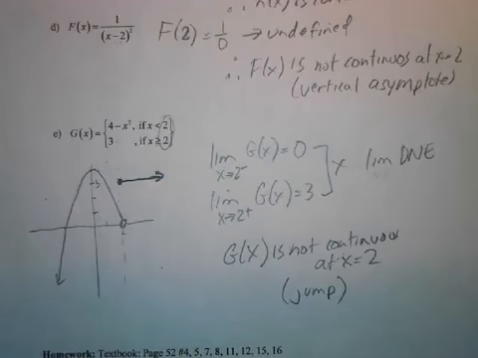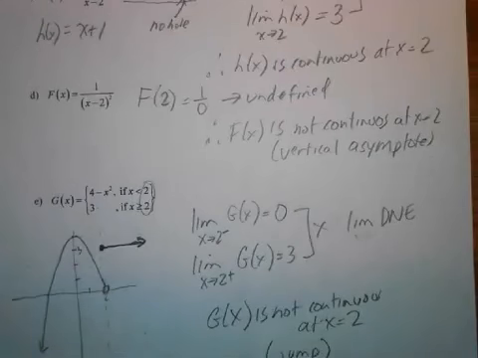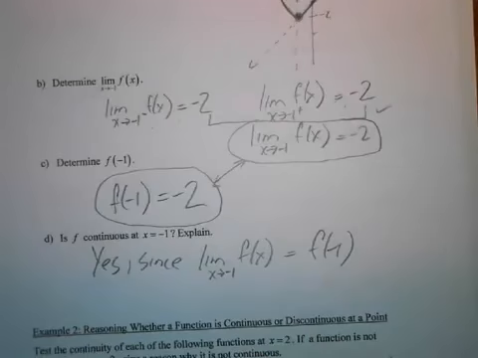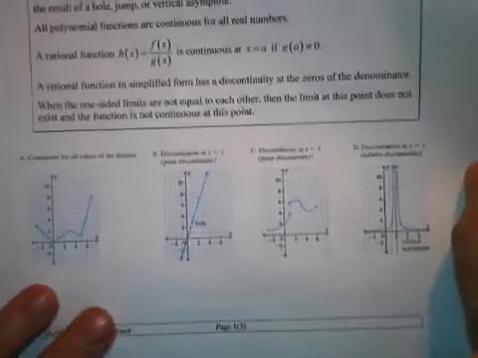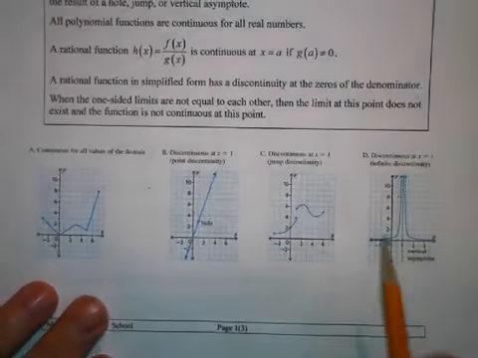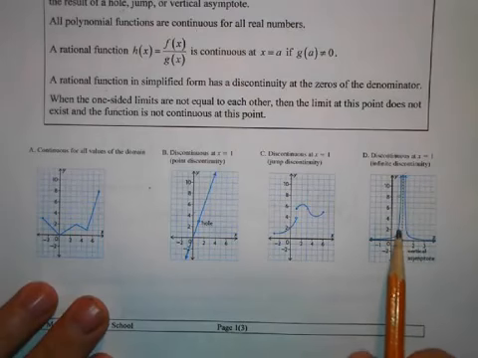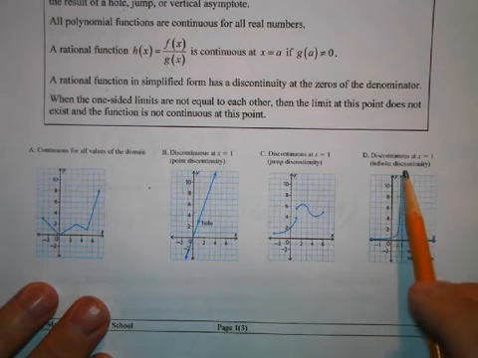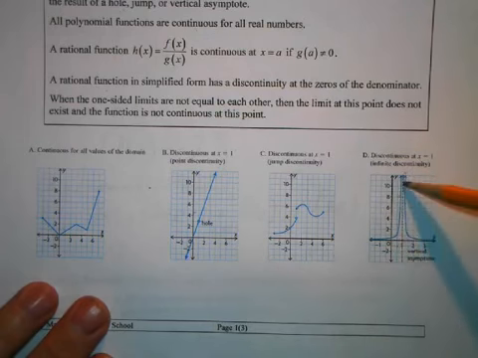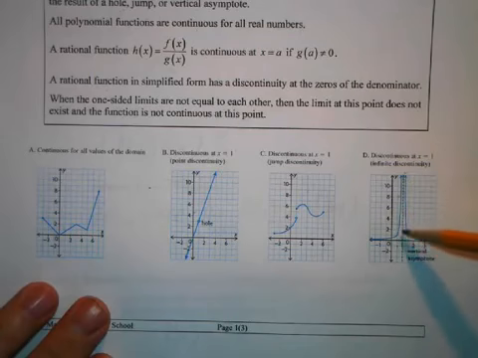So if I go back to the first page, just to try to keep things clear in your mind. In this example, the limit exists. The limit as x approaches 1 is positive infinity, but even though the limit exists, this is not continuous, because there is no value of the function at x equals 1.